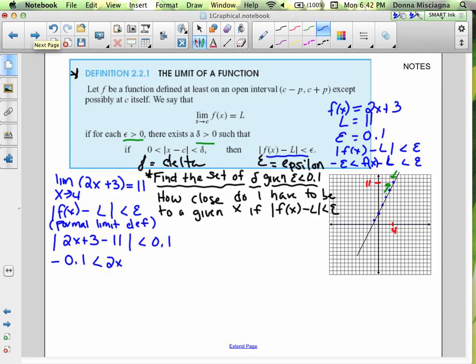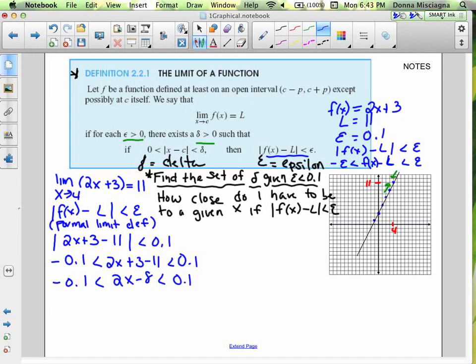So now let's get rid of the absolute value bars and rewrite this. I wanted to do that first because I wanted to talk about it, since the next step is pretty easy. 3 minus 11 is negative 8. So we have negative 0.1 is less than 2x minus 8 is less than 0.1.